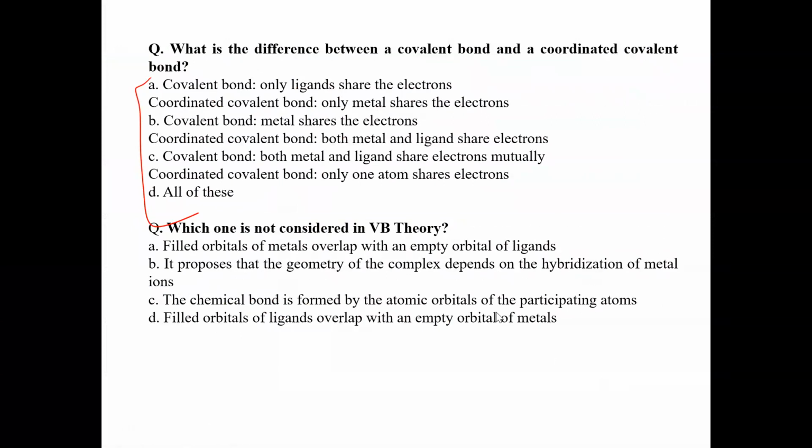Second one, it proposes that the geometry of the complex depends on the hybridization of metal ions. And third one, the chemical bond is formed by the atomic orbitals of the participating atoms. And last one, the filled orbitals of ligand overlap with an empty orbital of metals. Okay, so I am waiting for your answers. Thereafter, I'll explain.